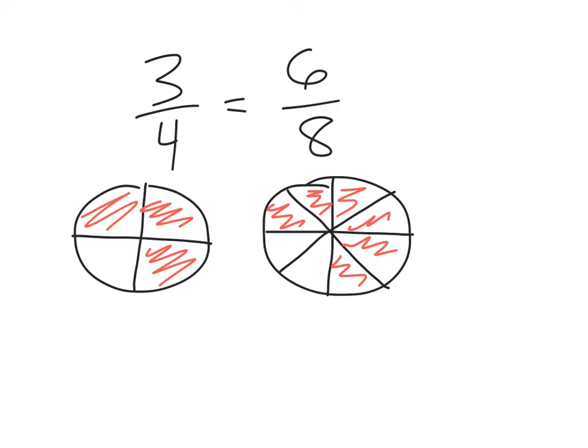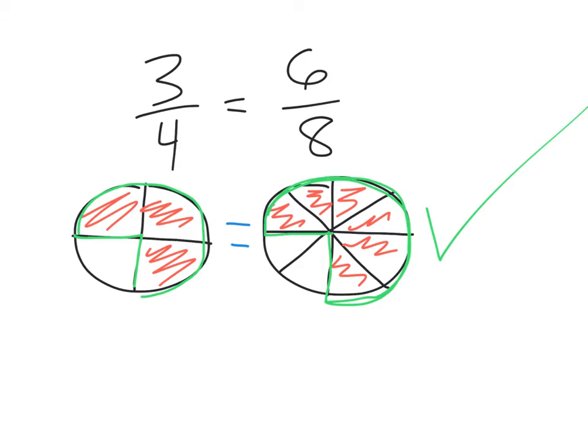The reason why these are equal to one another, let's look at the area of the pizza that's being represented. Look at that, surrounded in green. Let's do the same thing to this pizza, surrounded in green. Does it still represent the same amount of pizza? Absolutely. These are what's called equivalent fractions.